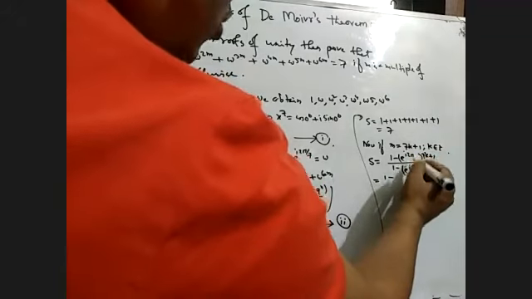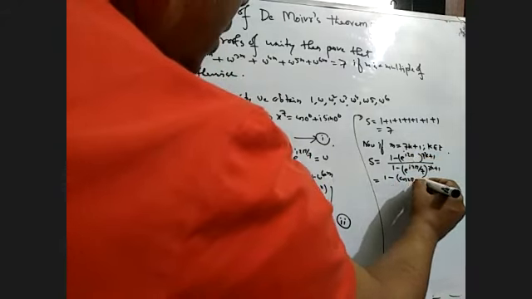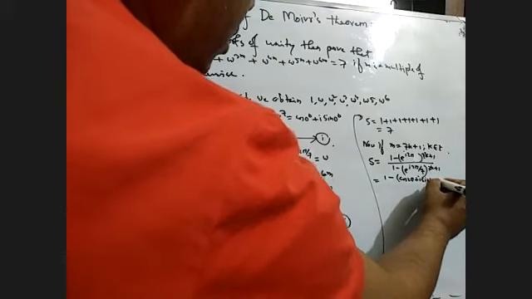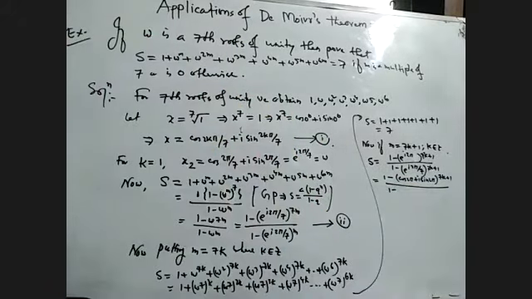So this e to the power i twice pi means cos twice pi plus i sin twice pi, to the power 7k plus 1, divided by 1 minus this.